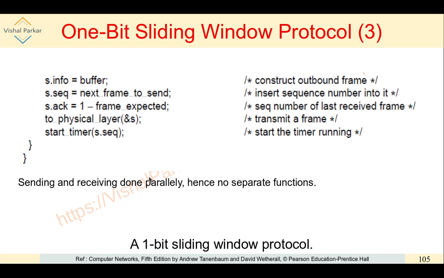So after that, that packet will be attached to, as we have seen previously, the info part of the frame. Next sequence number will be given to that next frame to send, and s.acknowledgement, that means once again acknowledgement will be 1 minus frame expected, and now the newly formed frame will be given to physical layer, and a timer for that will be started.